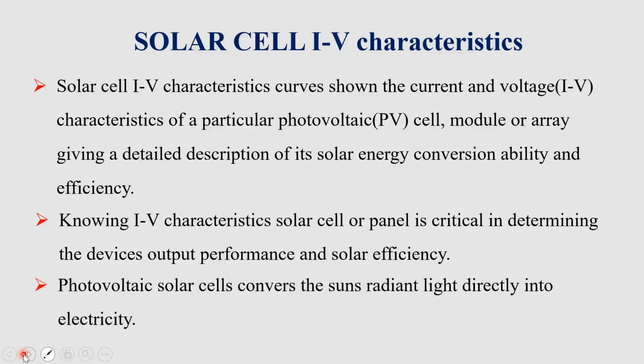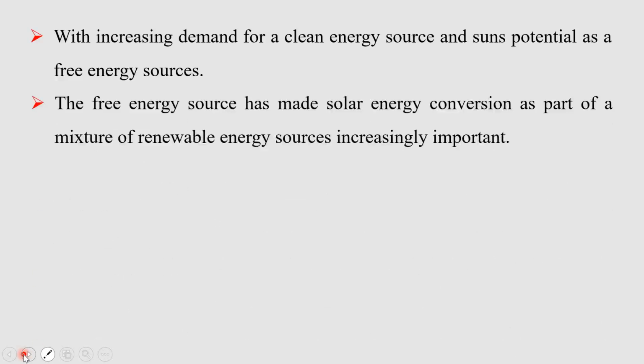The photovoltaic solar cell converts the sun's radiant light directly into electricity. With increasing demand for clean energy sources and the sun's potential as a free energy source, solar energy conversion has become increasingly important as part of a mixture of renewable energy sources.